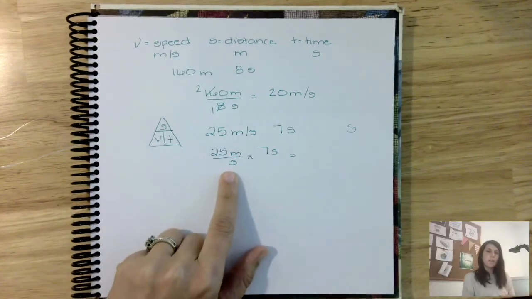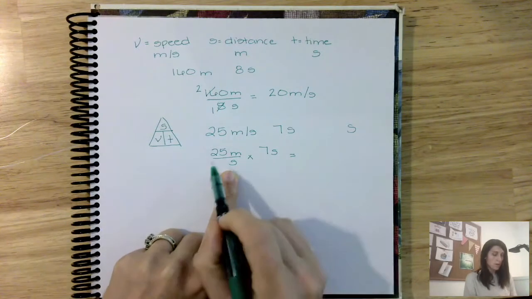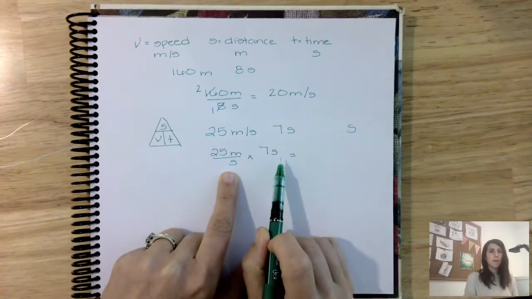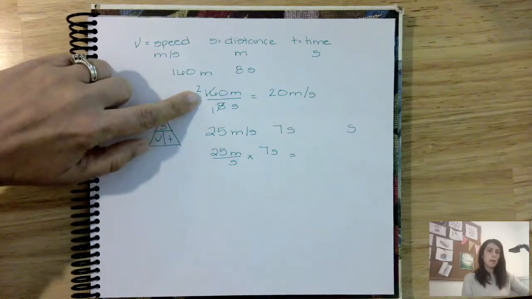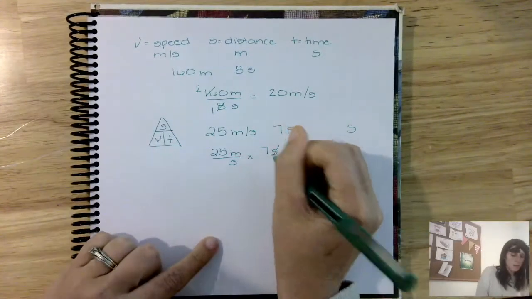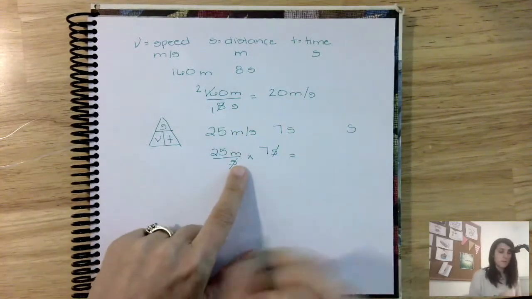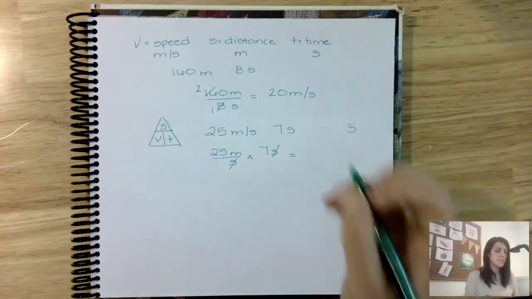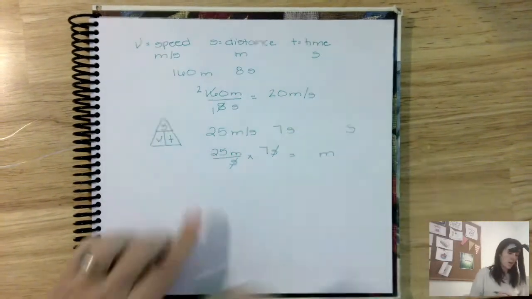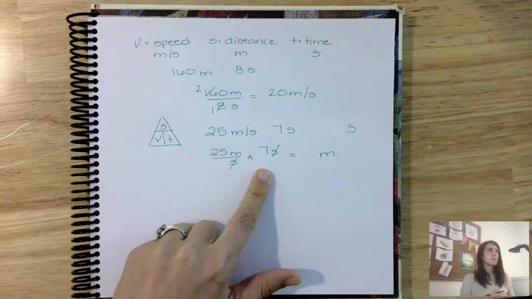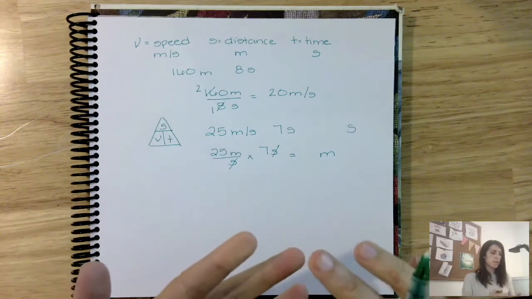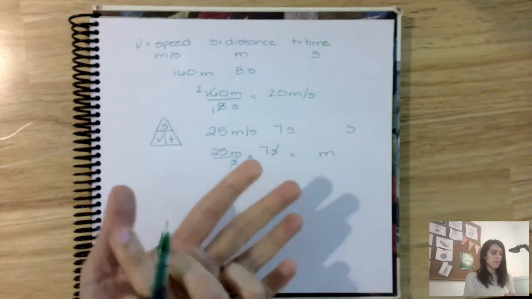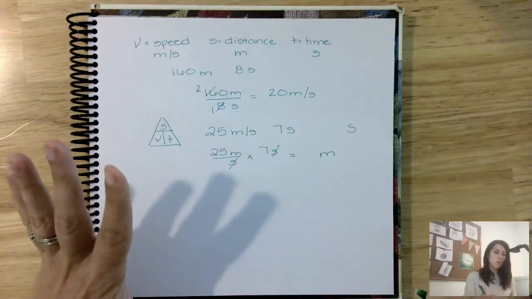Notice here that I have an S below the line and an S above the line. Just like with numbers up here, I can cancel these out. And all I'm left with is meters, which is good because we measure distance in meters. Now 25 times 7. Let's see. 25, 50, 75, 100, 125, 150, 175.